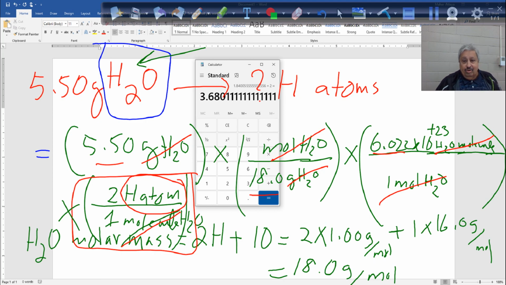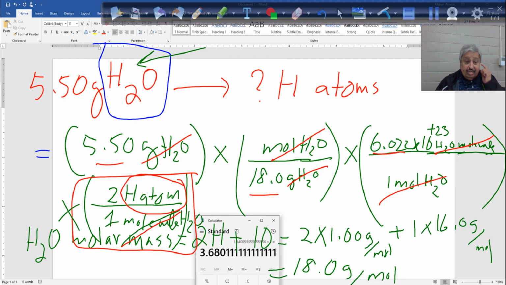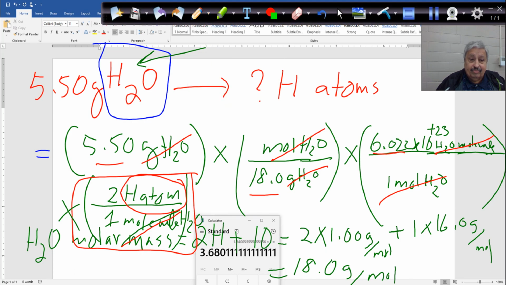3.680. So how many sig figs do we need? Now, don't come to the idea that it's 2 here, so 1 sig fig. You have to understand this, please. This is not part of the sig figs. The same thing with this whole exact number, not part of the sig figs. Always, if you have no decimal at all, then the whole numbers are part of it.